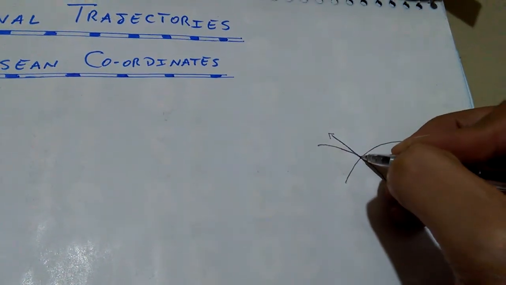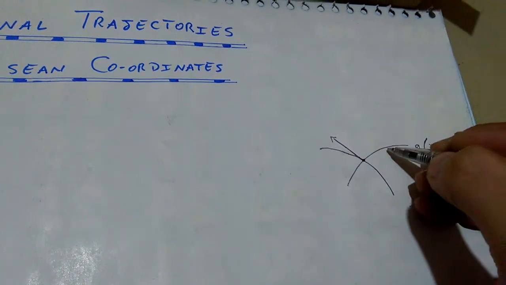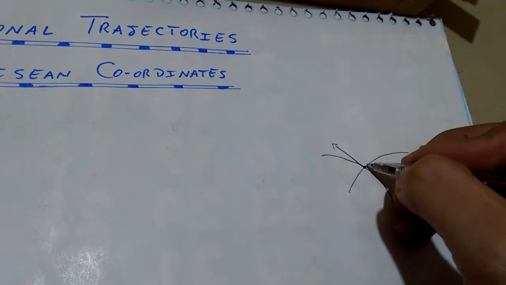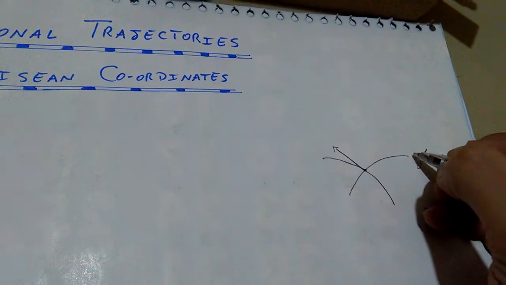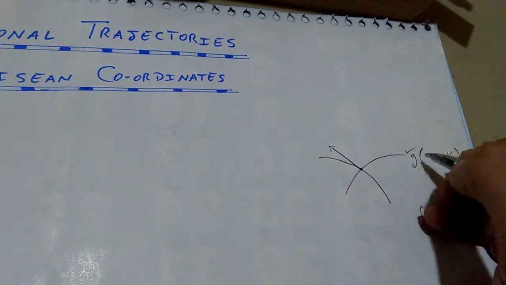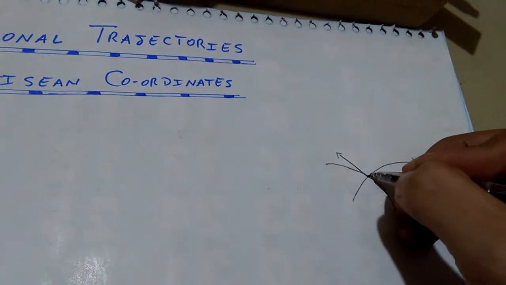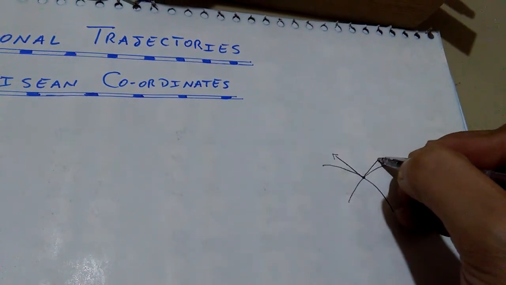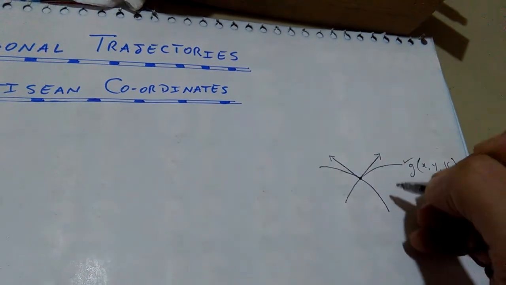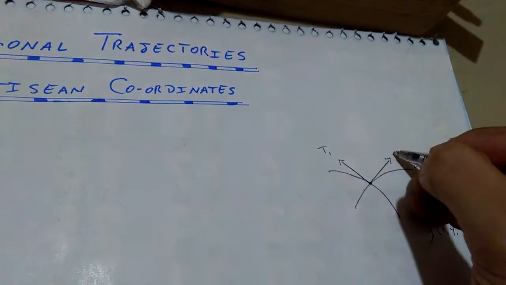Now, at the same point of tangency, which is also the point of intersection of these two curves, I draw the tangent line with respect to this second curve. It looks something like this. So this is your T1, this is your T2.